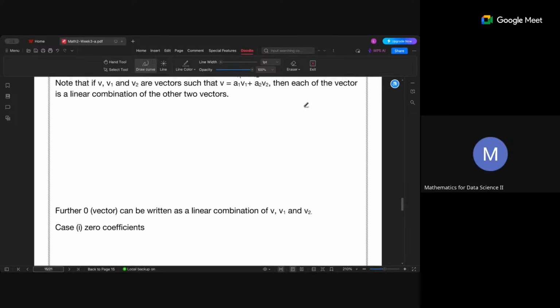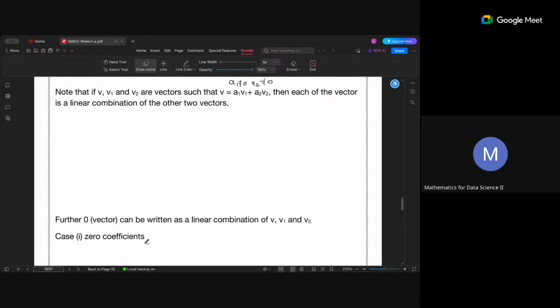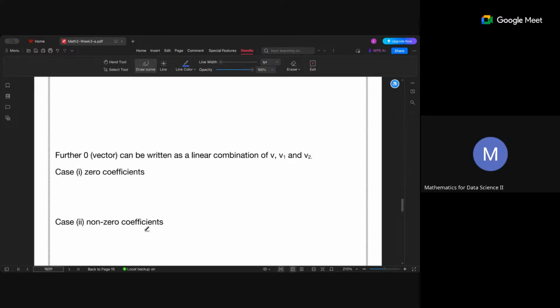How can we write it? Suppose you have this condition. How can you write 0 as a linear combination of V1 and V2? What coefficients should you have?